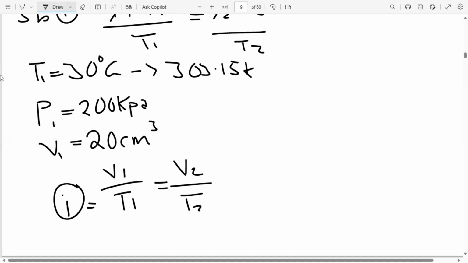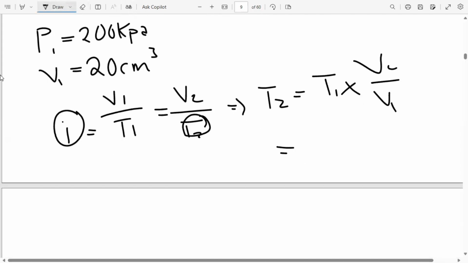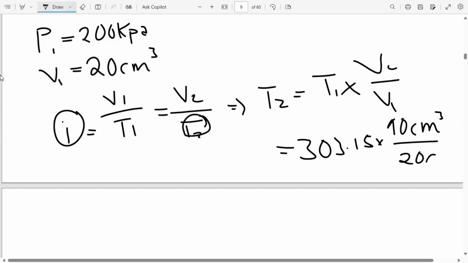We're trying to find the temperature. The volume is decreased at constant pressure, so we're trying to find T2. Let's make T2 the subject of the formula. T2 will be equal to T1 multiplied by V2 over V1. This is T1, which is 303.15, multiplied by the second volume, 10 cubic centimeters, over the initial volume V1, which is 20 cubic centimeters.